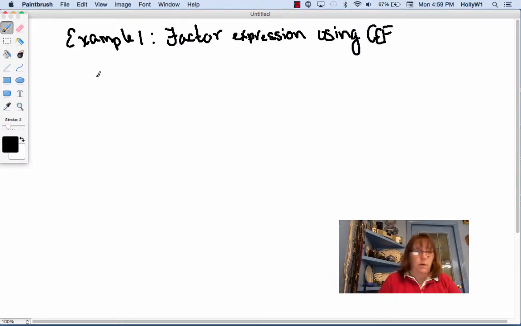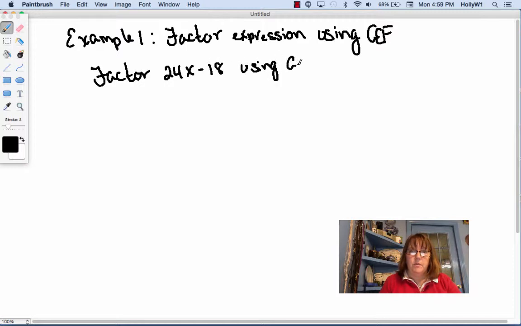Our example is: factor 24x minus 18 using greatest common factor. You're going to look for the largest number that divides into both 24x and 18. So let's find the common factors.